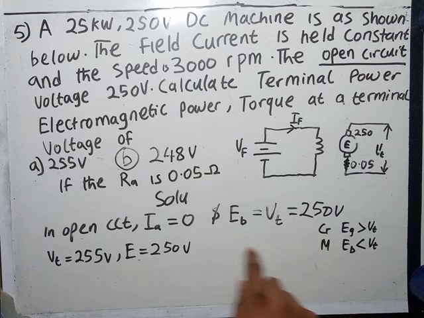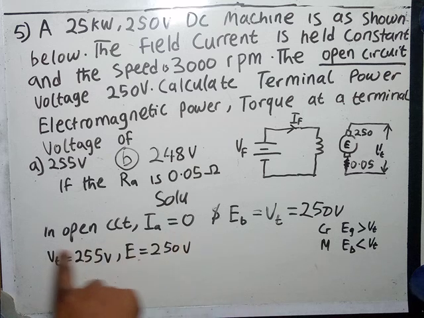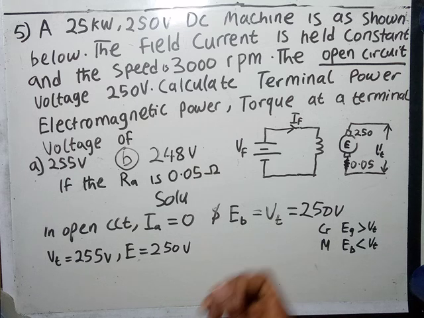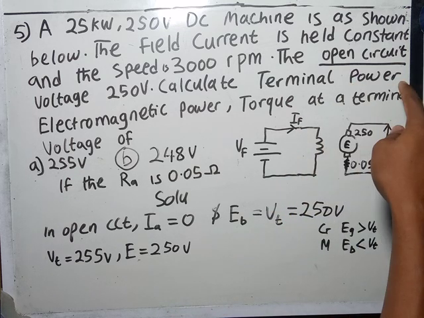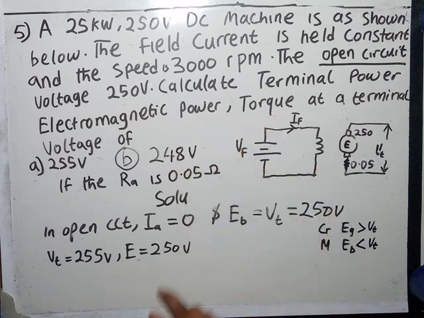And when Vt is greater than Eb, we call the DC machine a motor. So we'll be using the motor's equation to get our Ia here, because we need our Ia in order to get the terminal power, electromagnetic power and torque. The three of them need our armature current.